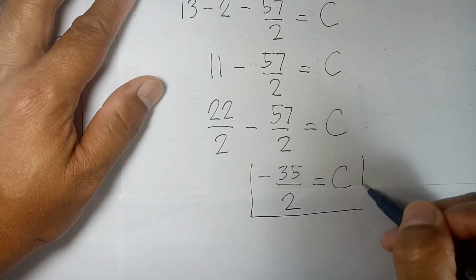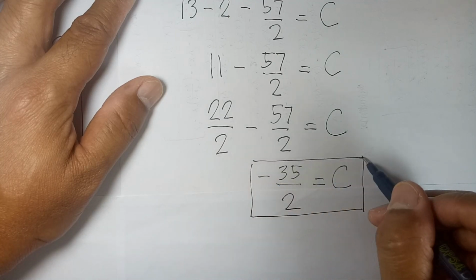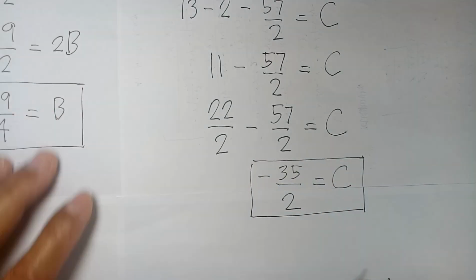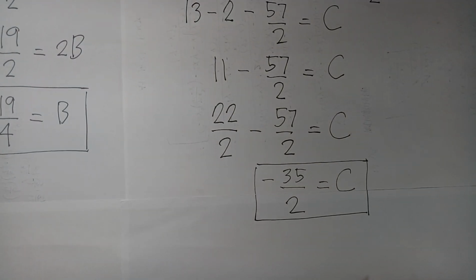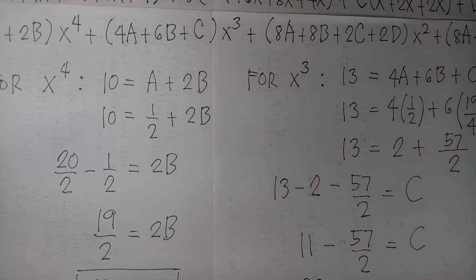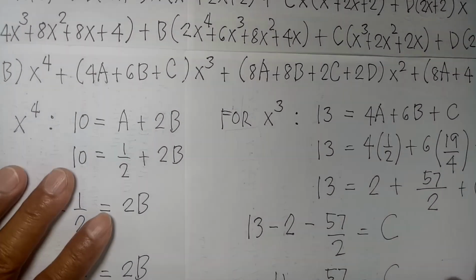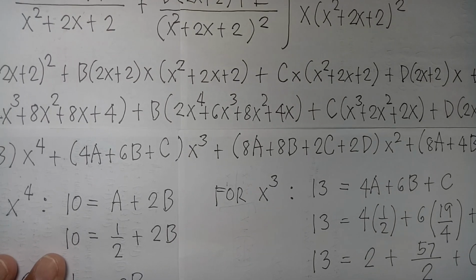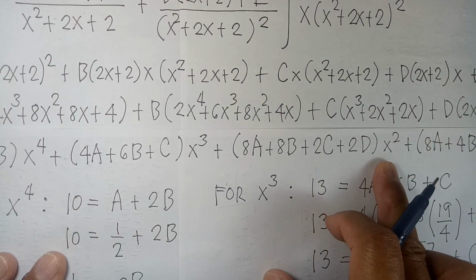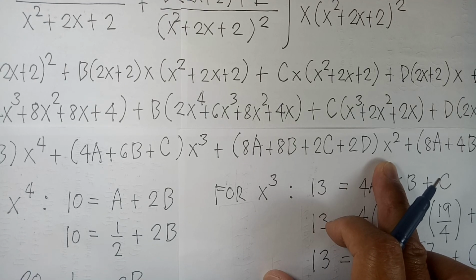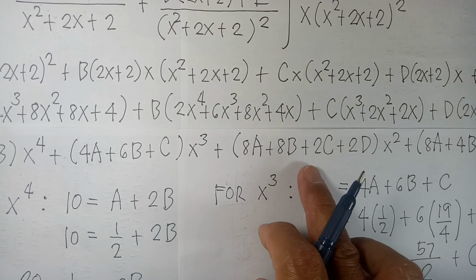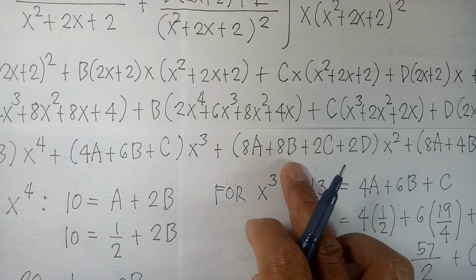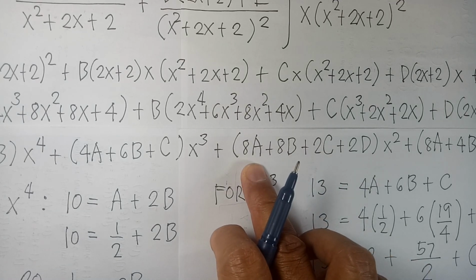Okay? Negative 35/2. Next, let us solve the value of d using the coefficients of x squared, because we have now the values of c, b, and a.